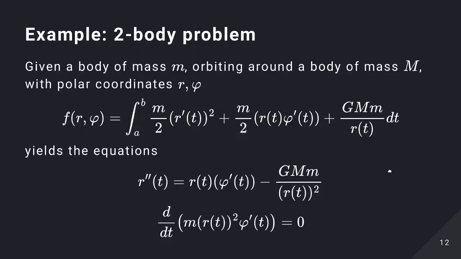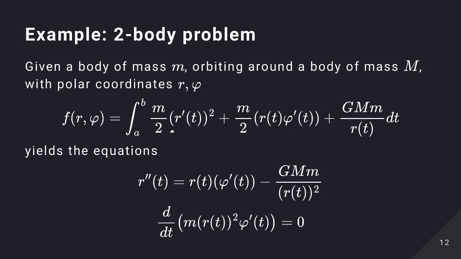A first example is using that to express the equation of a two-body problem. So if you have a body of a very large mass M, maybe the sun, and you try to find the orbit of a smaller body of mass m, maybe the Earth, and you express this in polar coordinates, where r is the distance between the smaller and the larger body, and phi is the angle around it, then we have this action to describe the energy of our system.